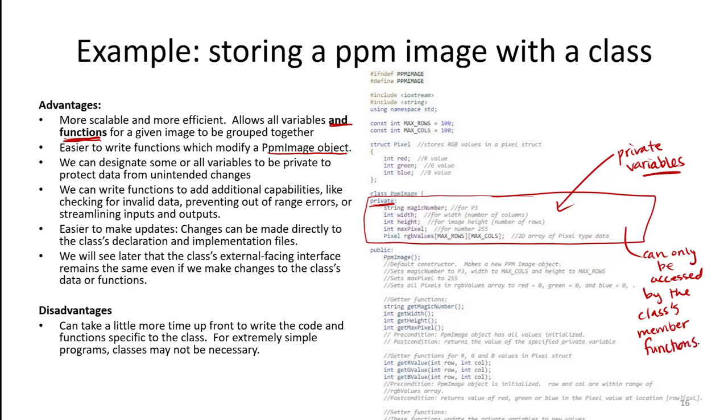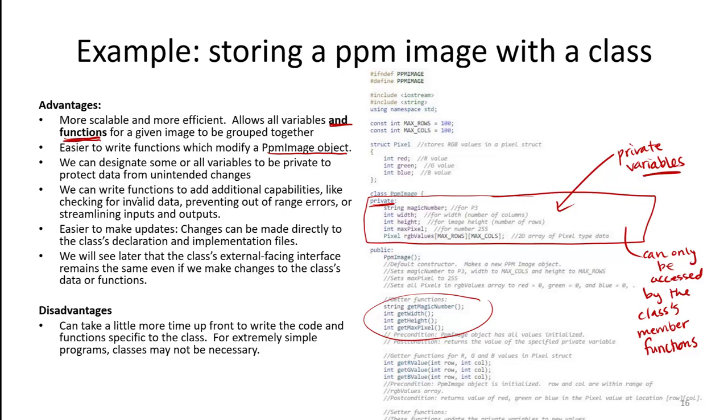So this provides a layer of protection. I would need to use these other functions like getWidth, getHeight, or setWidth, setHeight in order to go through and update that data.